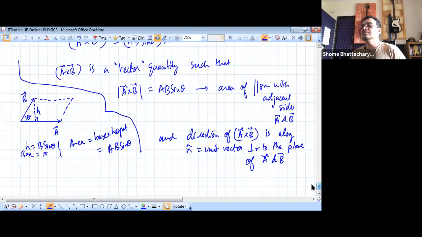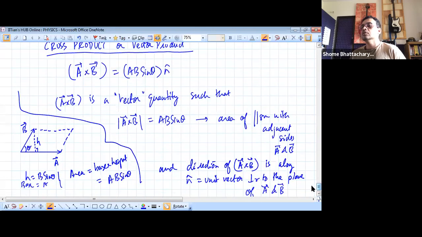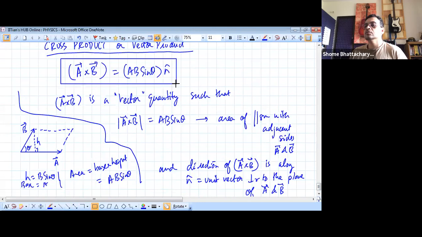So this is the definition of the cross product of two vectors.